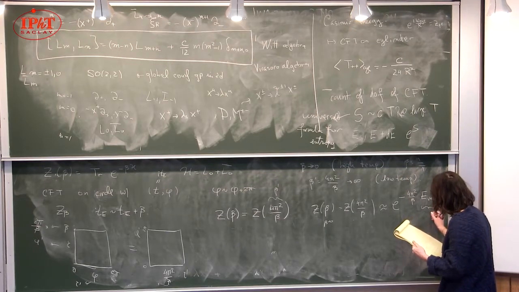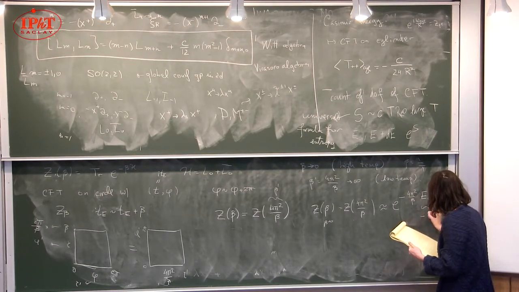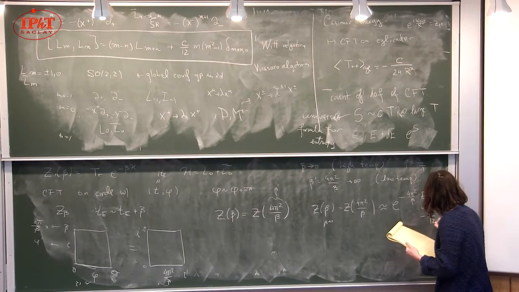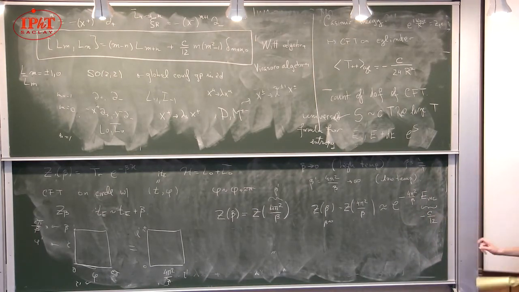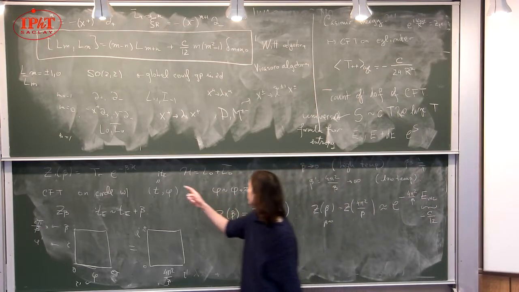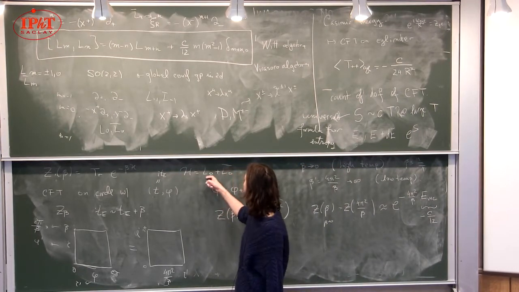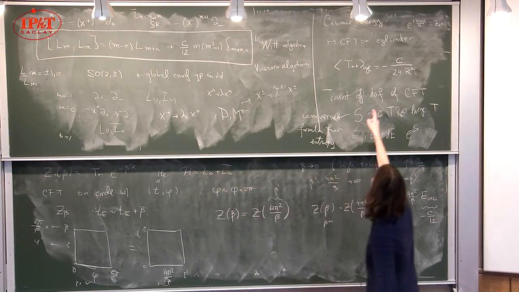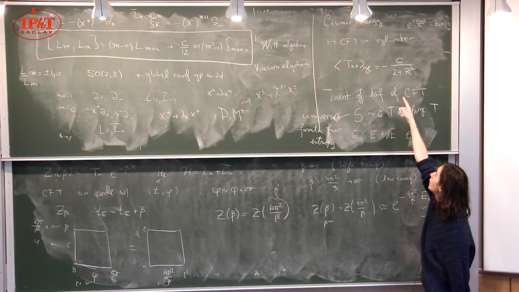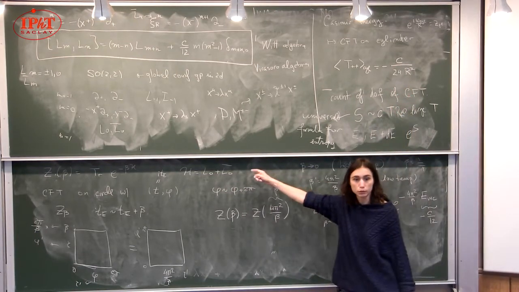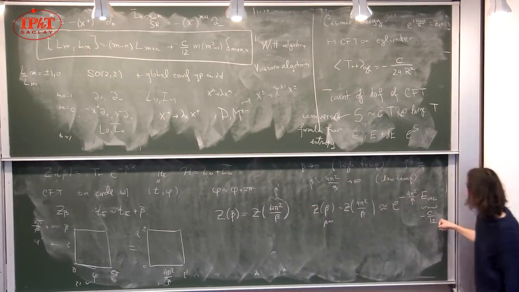So this is just going to be minus c over 12. Oh yeah, sorry, because this is not really integrated. This H is just L naught plus L naught bar. L naught was that guy, so I get minus c over 24 plus minus c over 24 from the right, so this is minus c over 12.